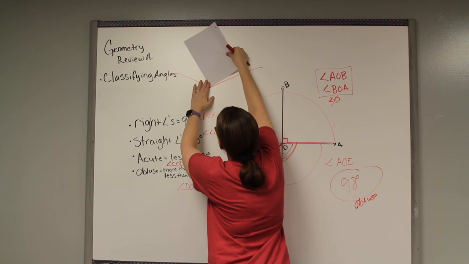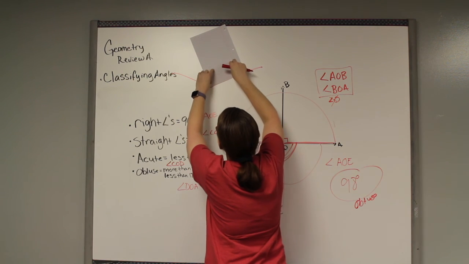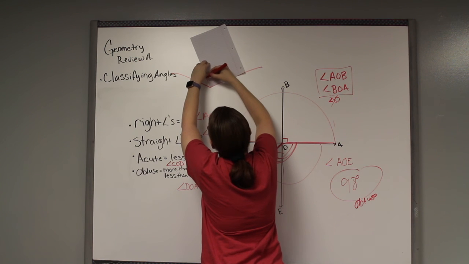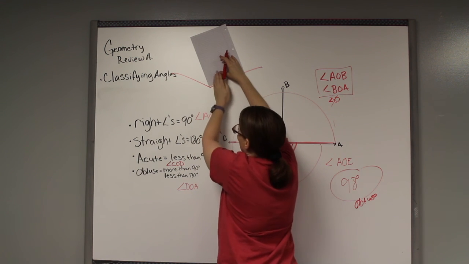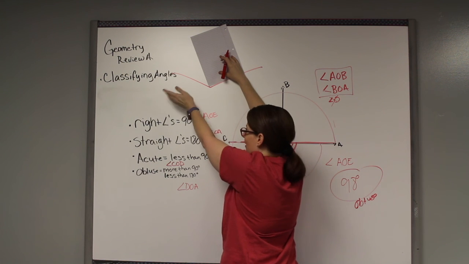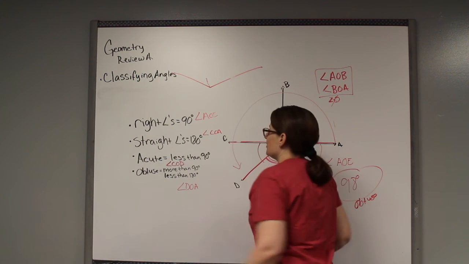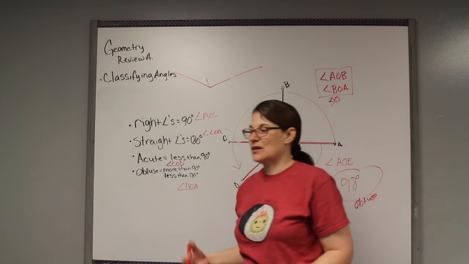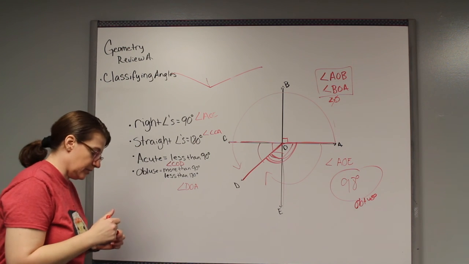So if I set this on here and line the bottom edge of that paper with that line, and if I went up from here, that would be the right angle. So this is opened more than a right angle, yet it is not a straight line, so that is obtuse, and I would write obtuse. So that's what they're asking you to do in that lesson. It should be a very simple lesson.